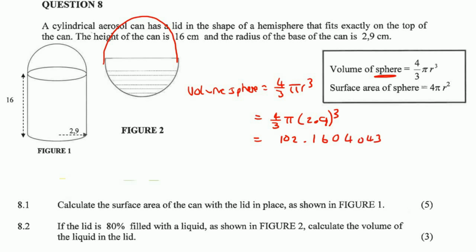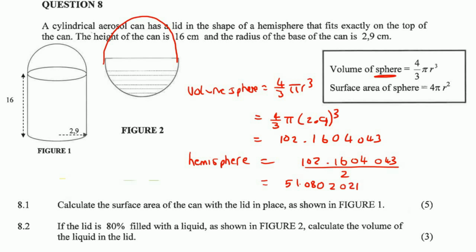So that's 0.1604043. But then we're going to divide that by 2 because we have a hemisphere. Which is then 51.08020215. This is not the final answer. And then we're just going to see what is 80% of that.